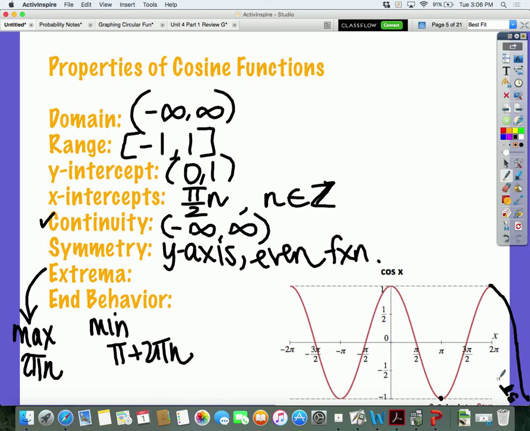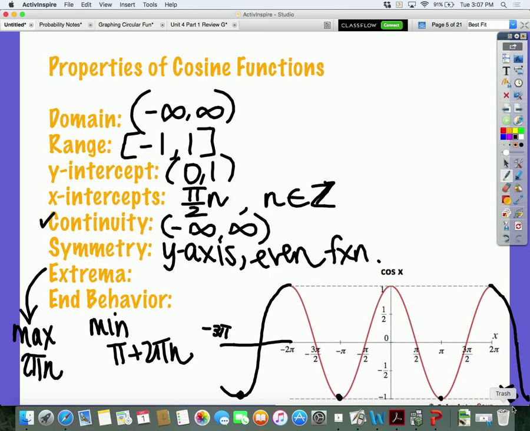Okay? If I were to keep drawing it here, my next min would occur at negative 3 pi. And since every min is happening basically 2 pi units away from each other, I can just pick one of my mins, one happening at pi, and then every 2 pi after that or before that, I'm going to have another min.